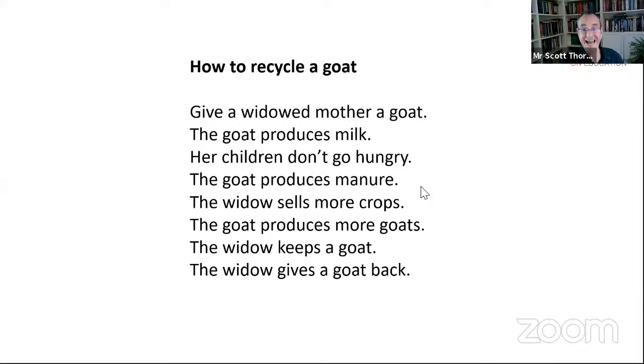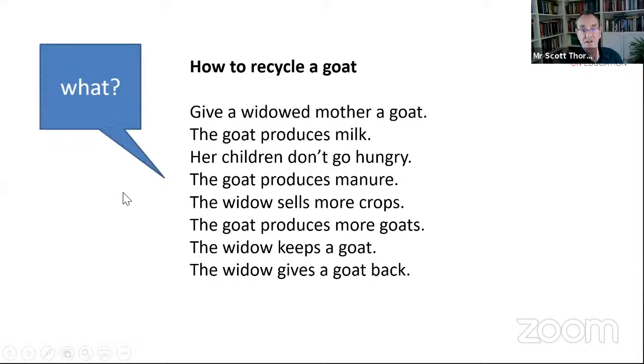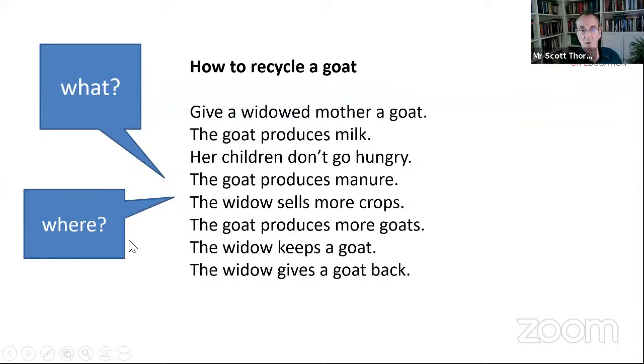So that's the text. Now, the questions. What is it? What kind of text is it? Is it a poem? Is it a story? Ifat thinks it's a poem. Looks like a poem. Okay. What about, where did I find this text? It's an authentic text.